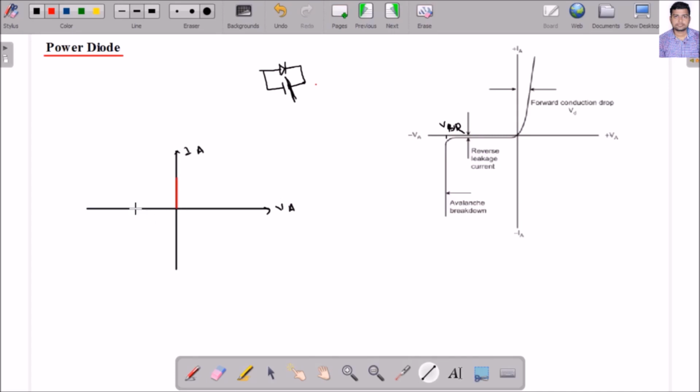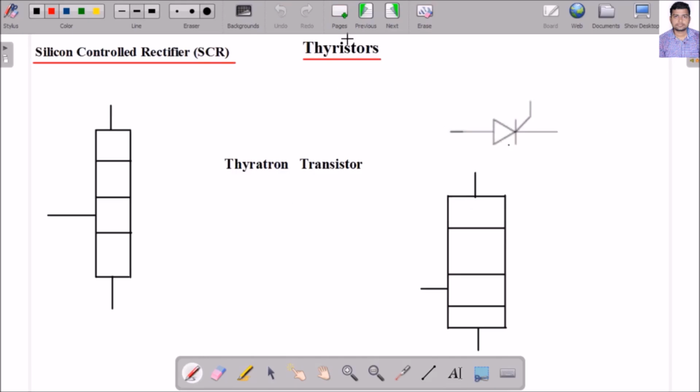Similarly, it can block negative voltage. As soon as you give the positive supply it will start to conduct, and it can block negative voltage. This is the characteristic of an ideal diode.